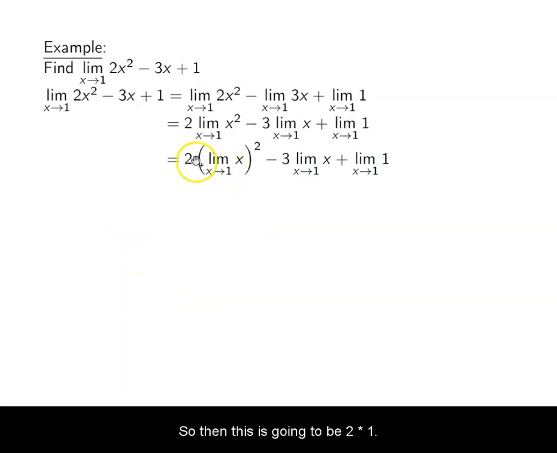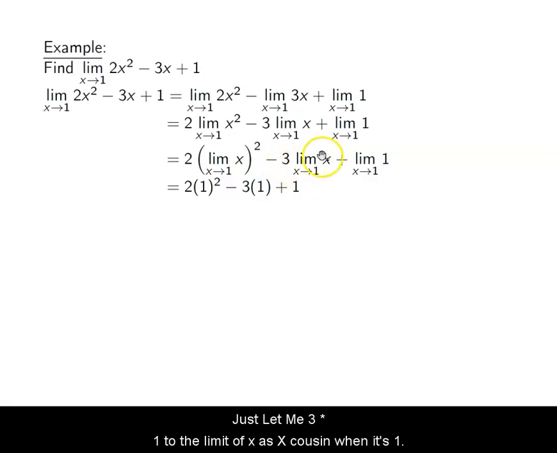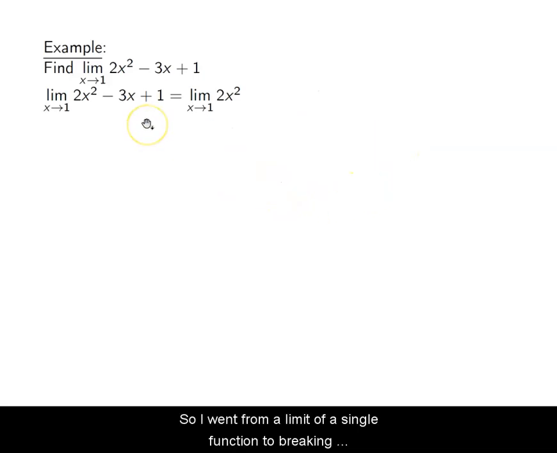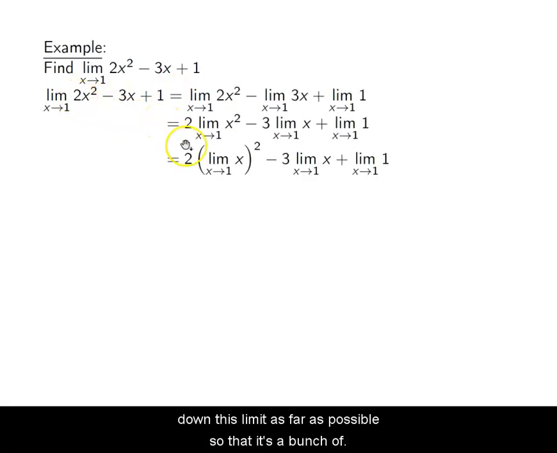Okay, so I'm here. So then this is going to be 2 times 1 squared. Okay, this is going to be 3 times 1, because the limit of x as x goes to 1 is 1. And a limit of a constant value is always that constant value. So I went from a limit of a single function to breaking down this limit as far as possible, so that it's a bunch of the limit of just x as x goes somewhere.